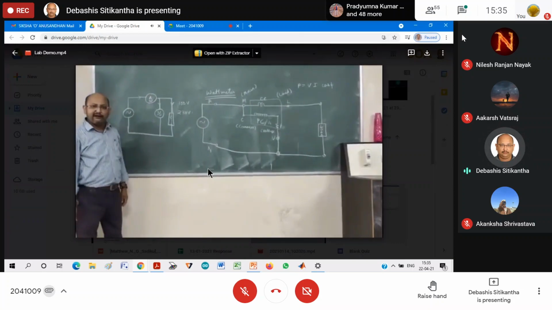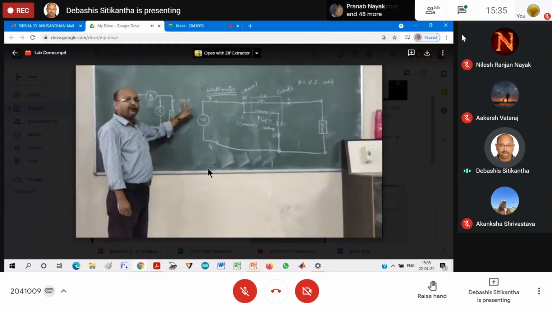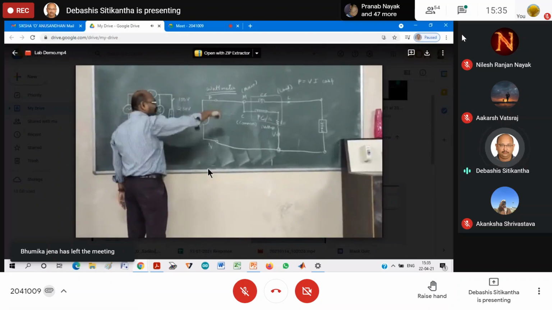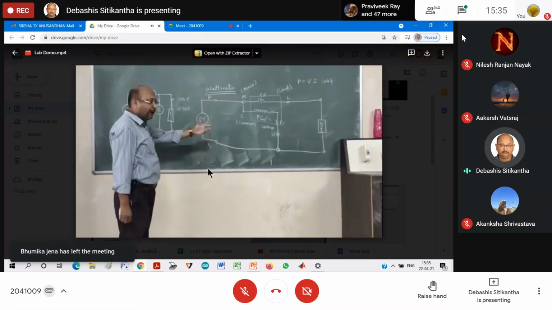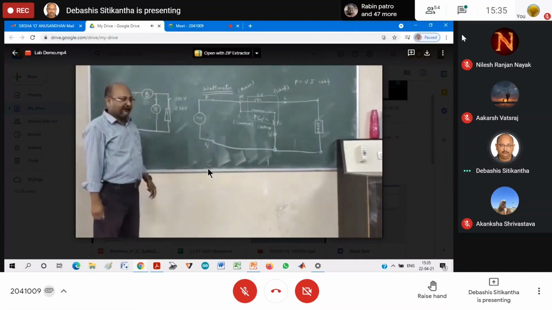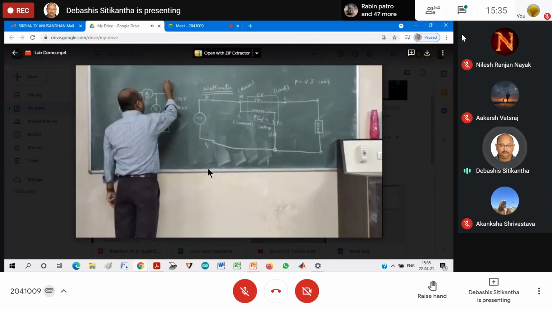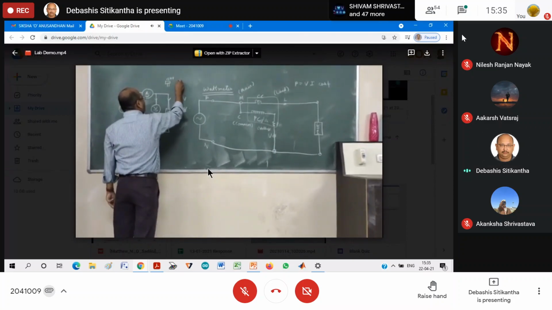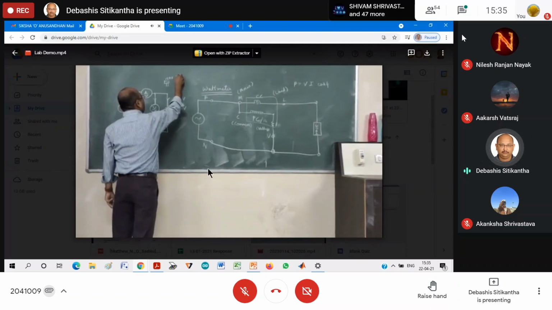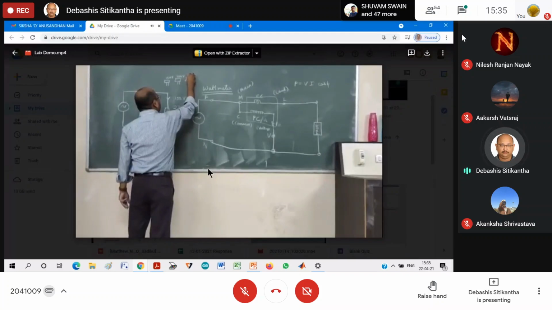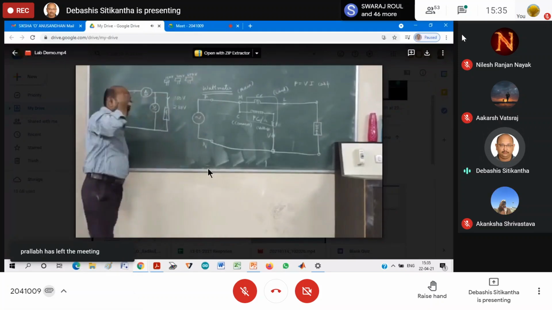In that case, what will I do? In the wattmeter, you will find several terminals or knobs, and for the voltage you will find three points or knobs: one at 150 volt, the other at 300 volt, and the last one at 600 volt. So these are the three knobs available.